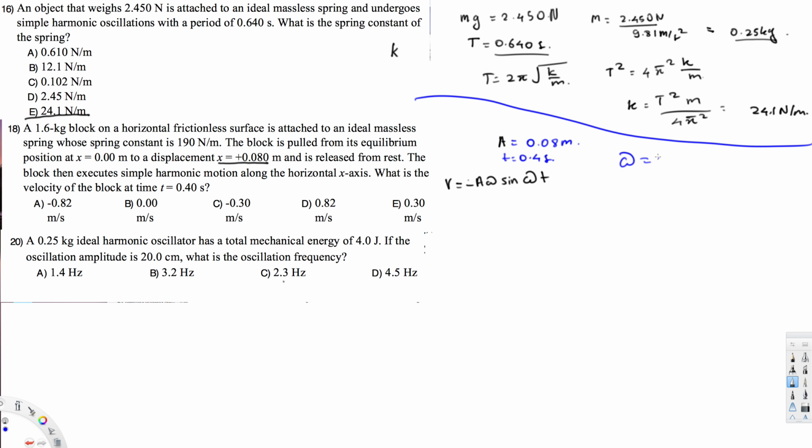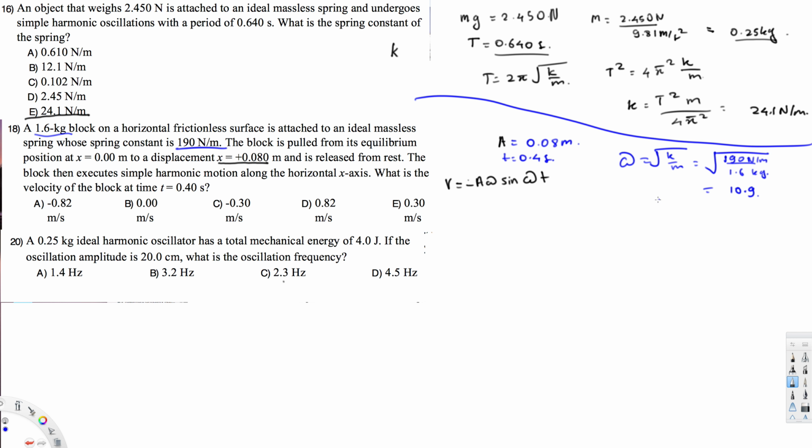Omega is equal to square root of k over m, and we have the k that is provided, spring constant 190, and mass is also provided, so we can simply find the omega. So let's substitute this into this equation. This is going to be square root of 190 divided by the mass, that is 1.6 kilogram, and this is Newton per meter, this is kilogram, and if you calculate this one, that comes out to be 10.9.